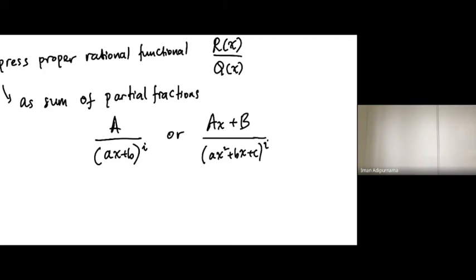But when the bottom one is a quadratic function, the top one should be ax plus b.